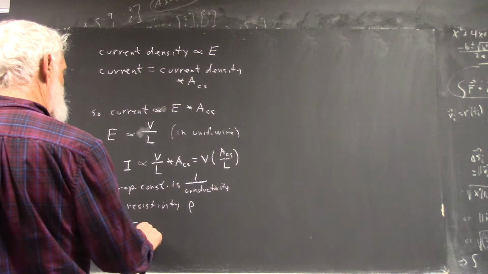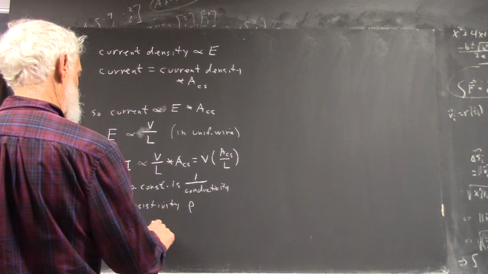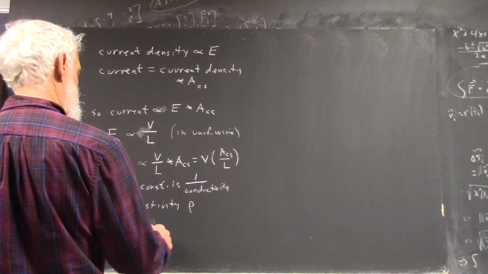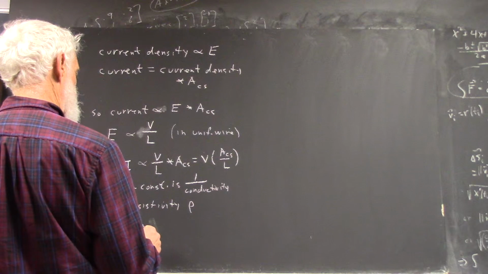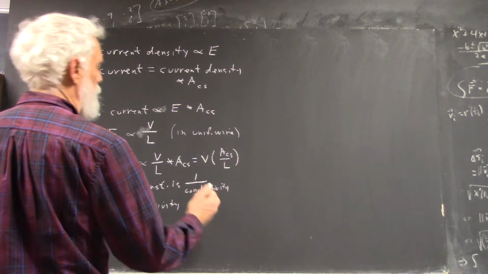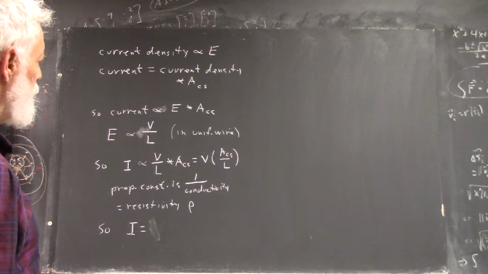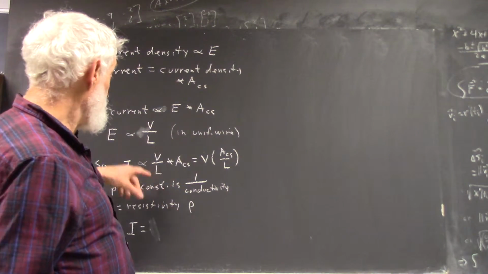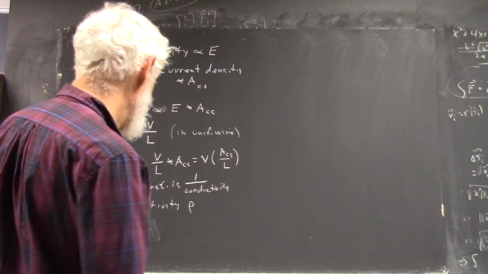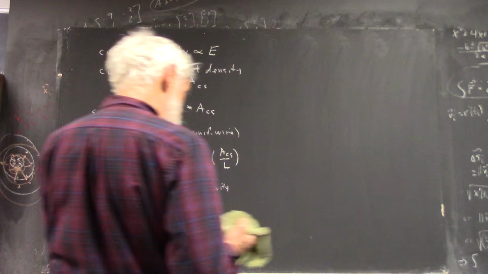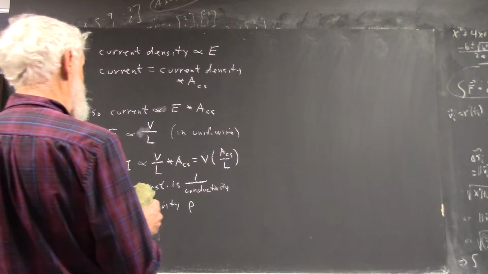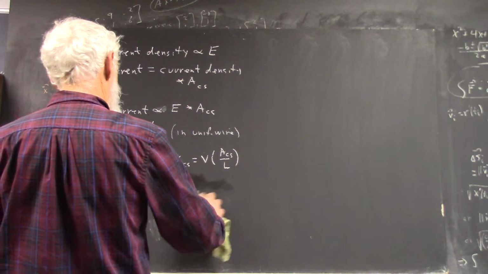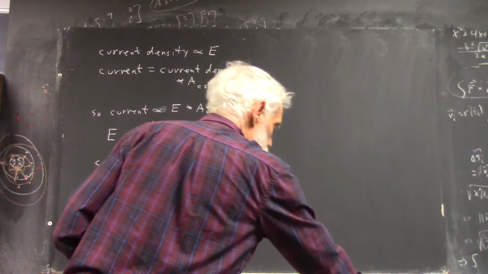So I equals, and I have that wrong. Proportionality constant is conductivity, because conductivity is what you multiply your electric field by to get your current density and so forth. So I got a step ahead of myself, which is unfortunately not unusual. So I'll save resistivity for the next step.